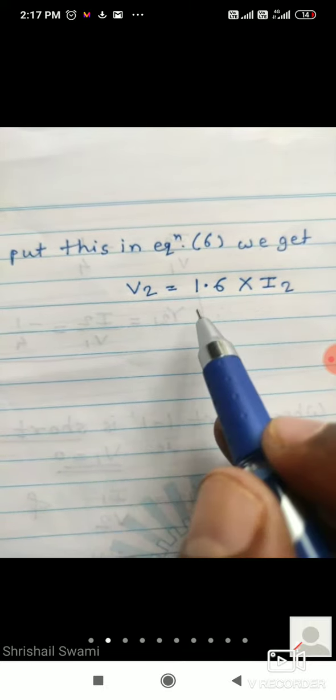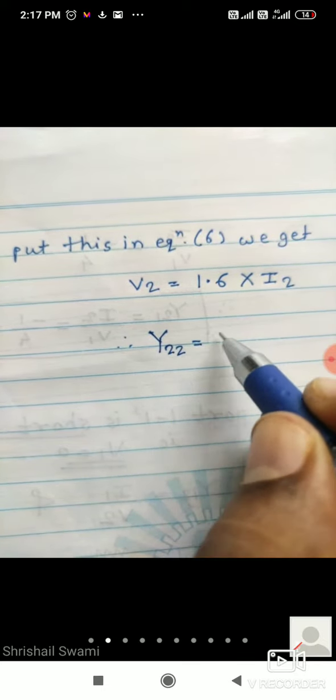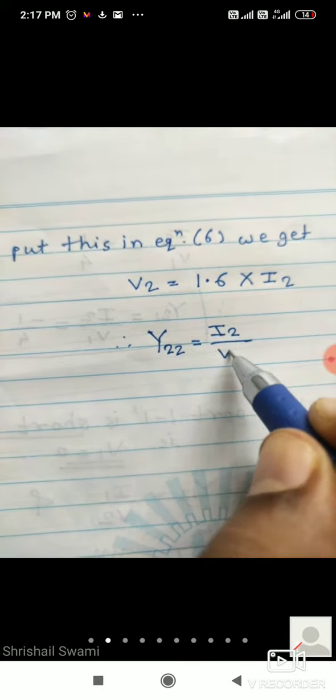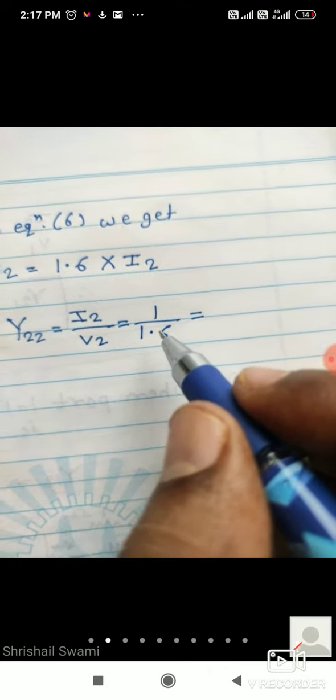We get V2 equal to 1.6 into I2. आता तुम्हाला काय पाहिजे? V2 upon I2 पाहिजे का? नाही, I2 upon V2 पाहिजे. So Y22 is equal to I2 upon V2 is equal to 1 upon 1.6. हे किती येतील सांगा मला? 1 upon 1.6. किती येईल? 0.62. 0.625 more. Okay, 0.6. So this is the answer of Y22.